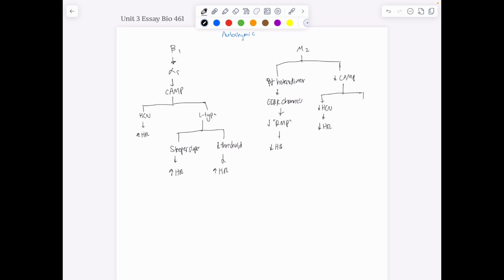Or we'll have our L type, or sorry, this will increase our threshold, which will then decrease our heart rate.